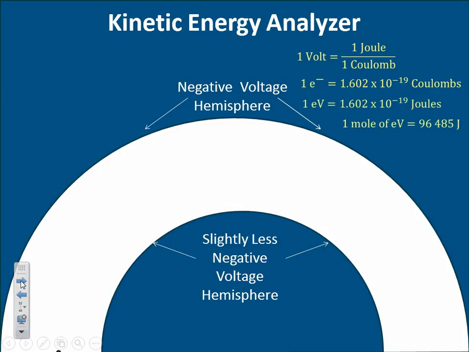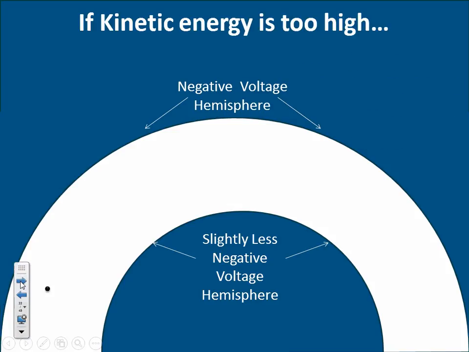just some information there about an electron volt and how we can determine voltage across that potential difference, the slightly negative plate versus the negative voltage hemisphere. So if the electron is coming out too fast, we've supplied enough energy, we're not going to be able to detect it because it's going to crash into the upper wall.